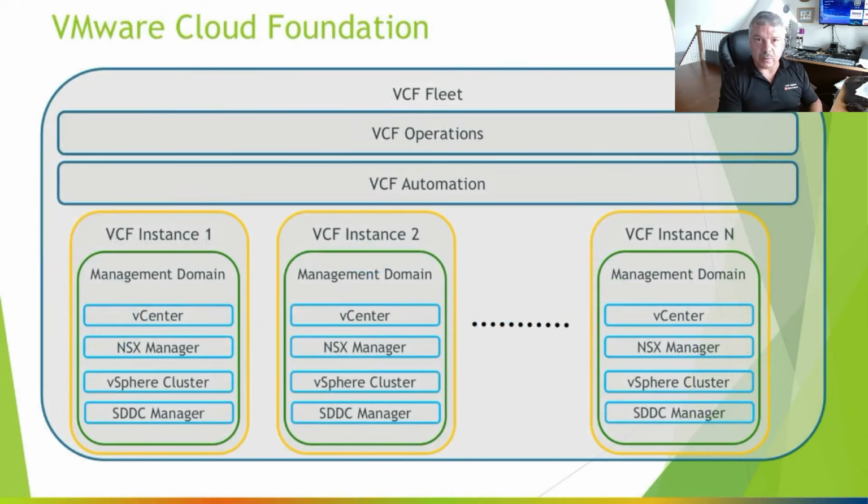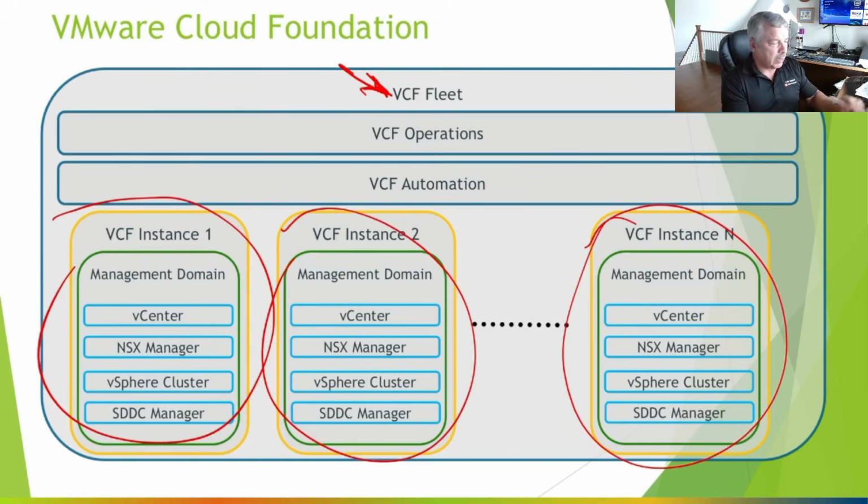Now, a couple of terms: VCF fleet. A VCF fleet is basically a fleet of VCF instances. Under your VCF fleet, you would have multiple VCF instances. Then you have your VCF Operations and VCF Automation to manage those.